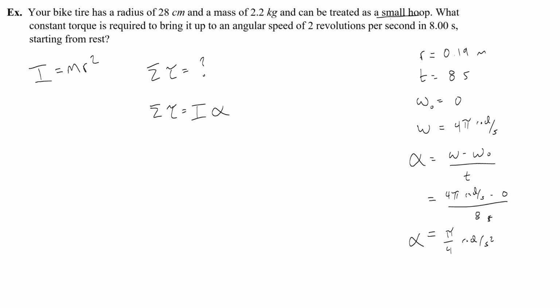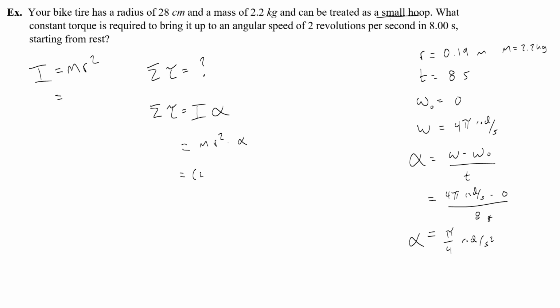And I can use that with the moment of inertia. For the moment of inertia, I would do m times r squared, where the mass, oh, I didn't write that down. The mass is 2.2 kilograms. Okay, so I is m r squared times alpha.